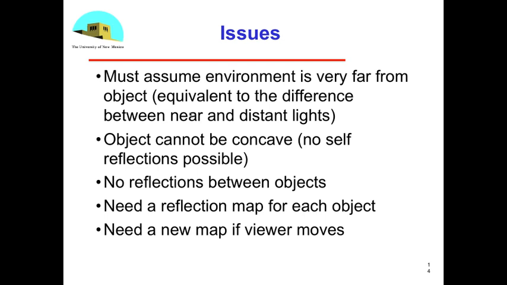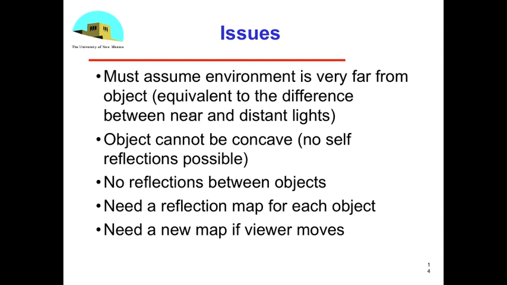You can't have things that are self-reflective. So that says you can't have concave objects that reflect upon themselves. You can't capture that with an environment or reflection map, although you could do it with a ray tracer. But probably the biggest lack is that you don't get multiple reflections.